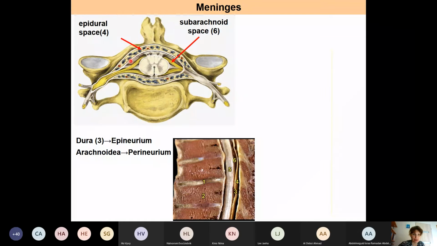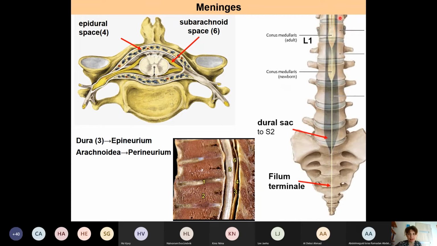If you follow these layers, you will see that the dura will continue in the epineurium of the spinal nerves, and the arachnoid will continue in the perineurium of the spinal nerves. And you can see here that in the intervertebral foramen, the area where the spinal nerves are formed, we will also find the dorsal root ganglia.